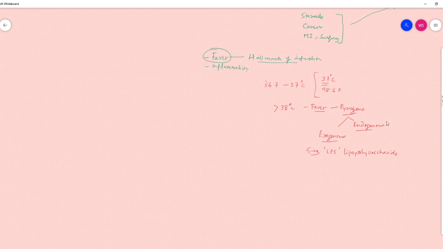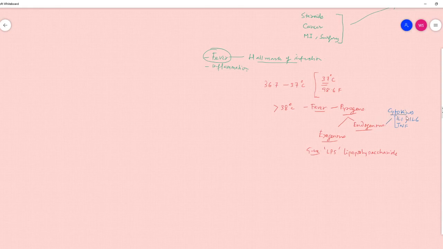And what are endogenous ones? Endogenous ones are usually certain cytokines produced by the hematopoietic system, like interleukin 1, interleukin 6, tumor necrosis factor.